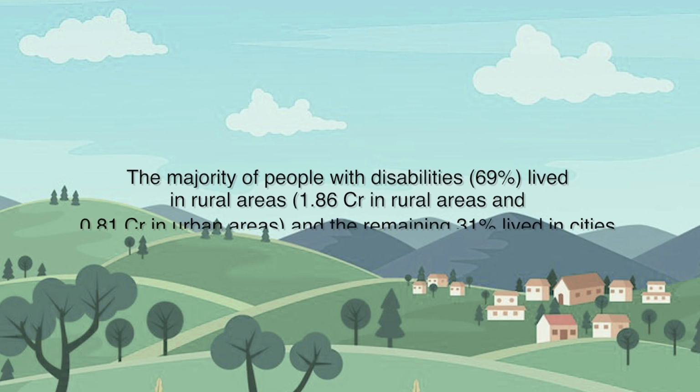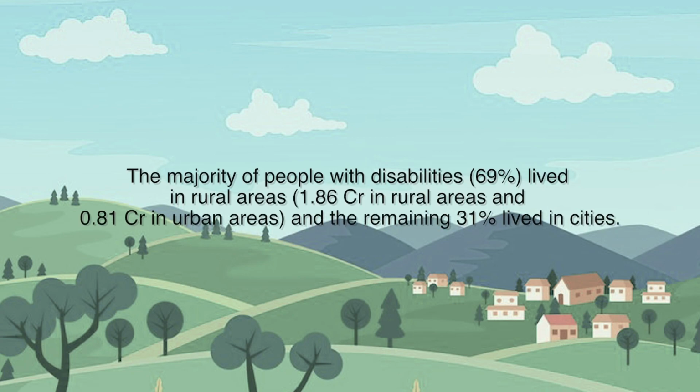So the male section makes up the majority of the entire disabled population. So male disability is higher than the females. The majority of people with disabilities, that is 69%, lived in rural areas. Additionally, only the remaining 31% lived in the cities.